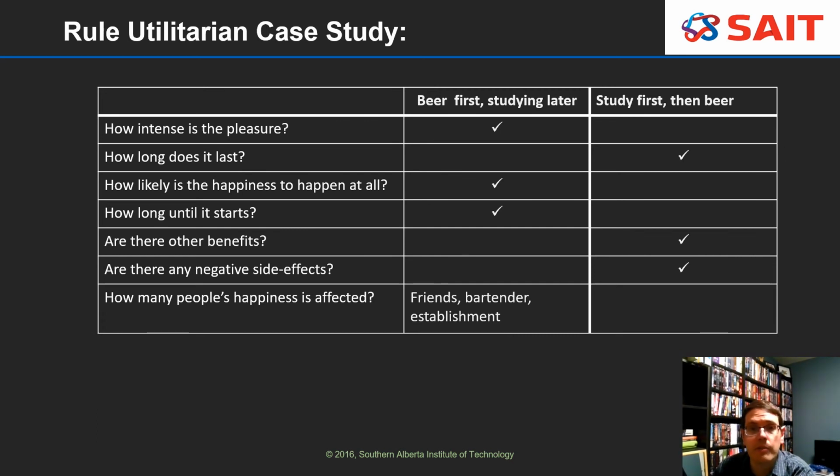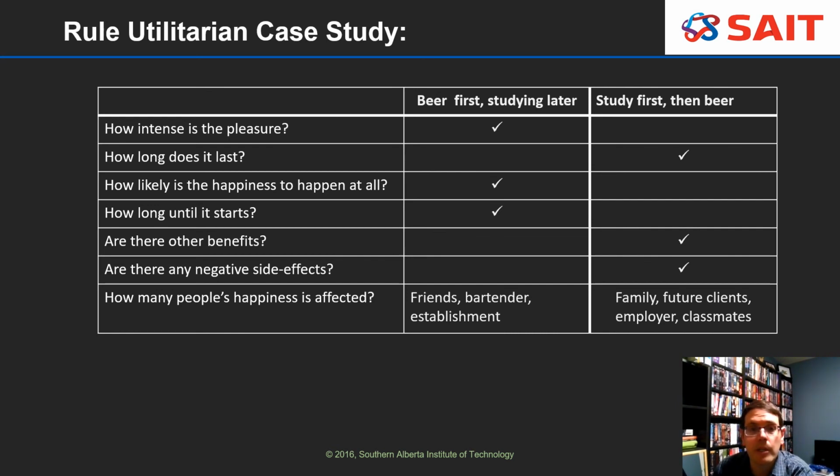If instead you study first and then only drink beer after, the people who derive happiness from this are your family, your future clients, future employers, and your classmates, because then you can help other people with their homework. Now, because there's a potentially infinite number of people who are affected by your choices, let's focus on the ones who are most affected from these groups.